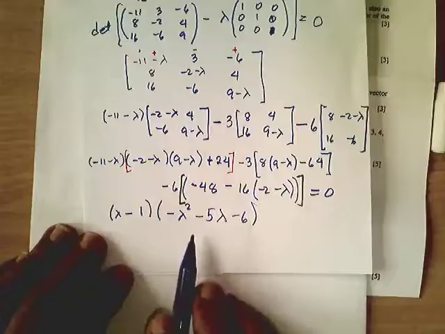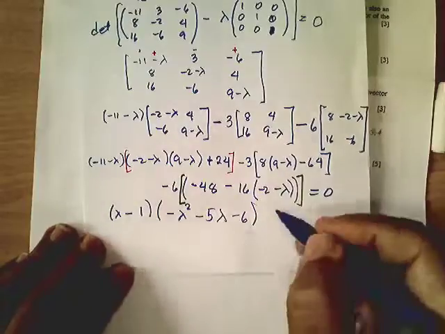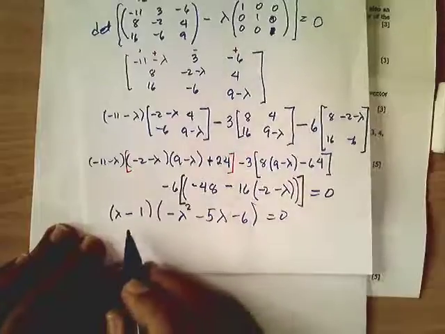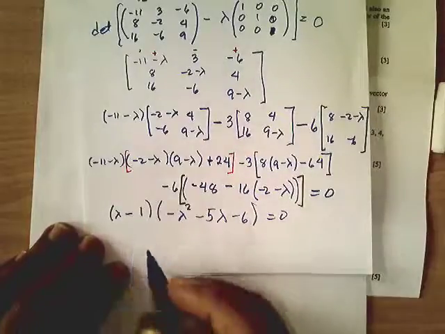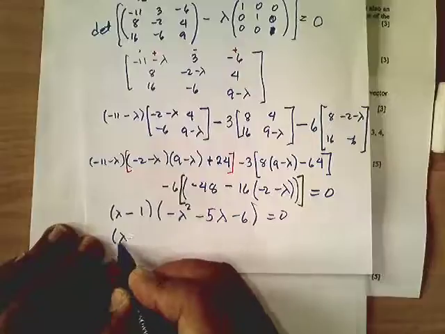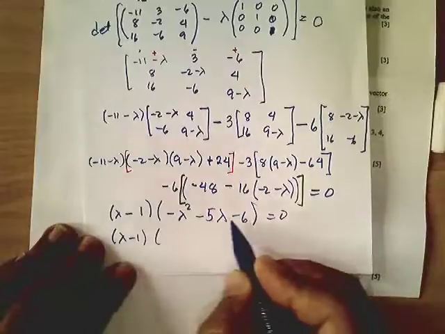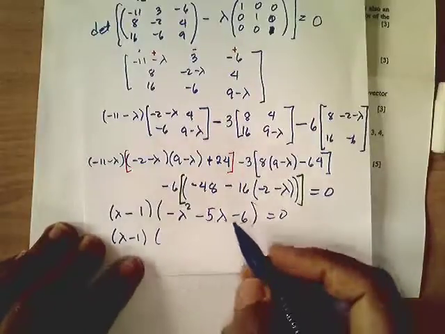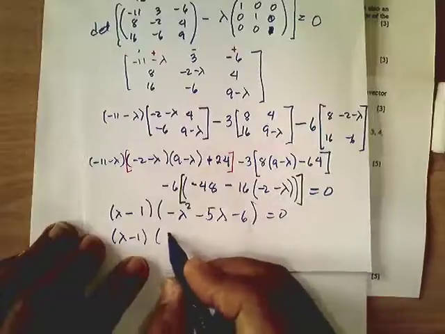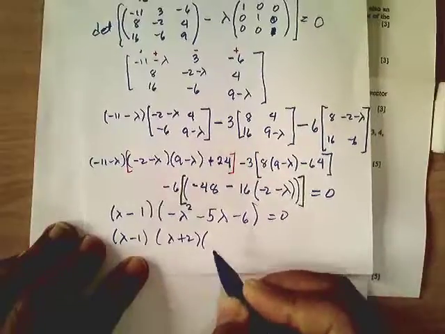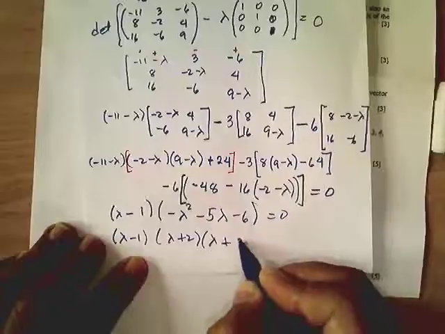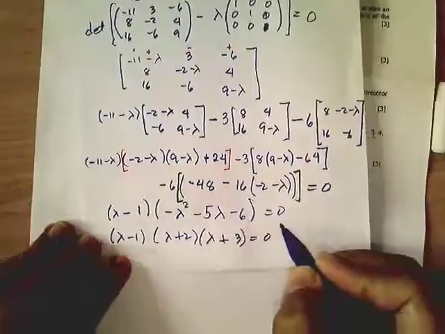After simplifying, and that's equal to 0, here we can see right away that lambda is equal to 1. Then from lambda minus 1, we can factor out the rest, and the factors of these are lambda plus 2 and lambda plus 3. And that's equal to 0.